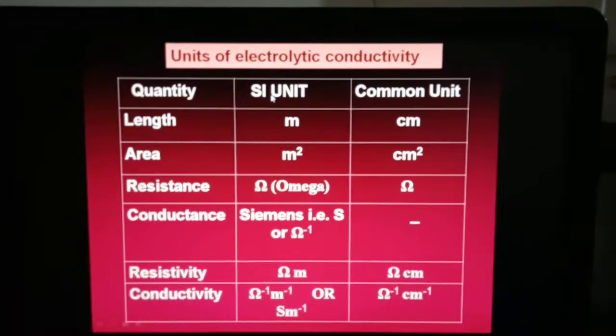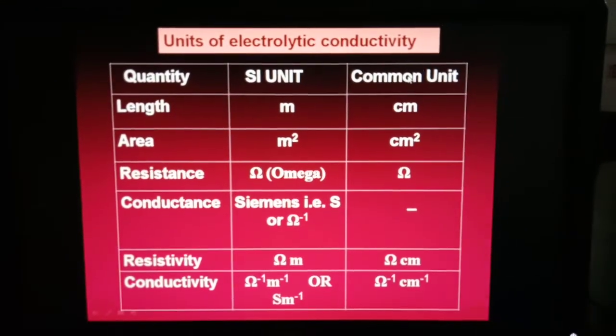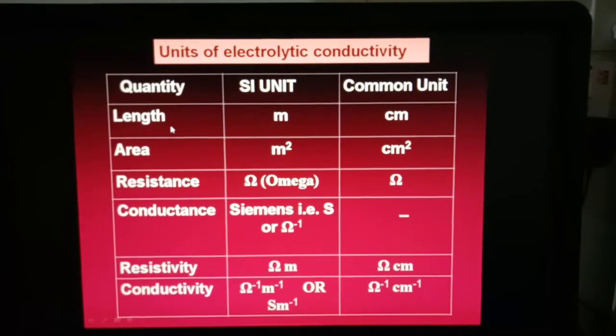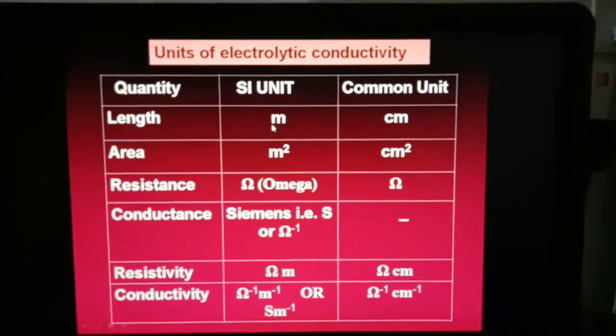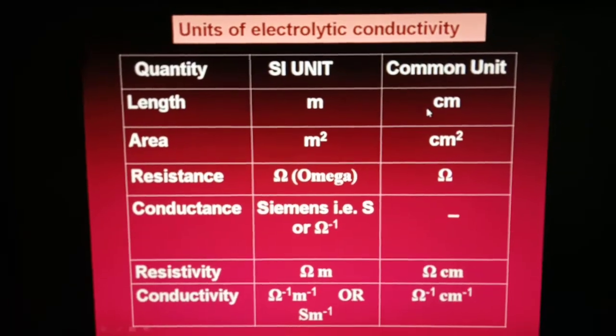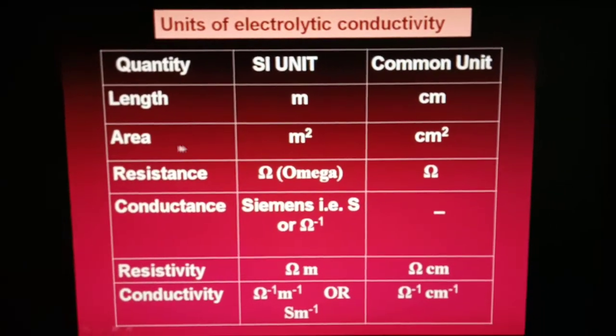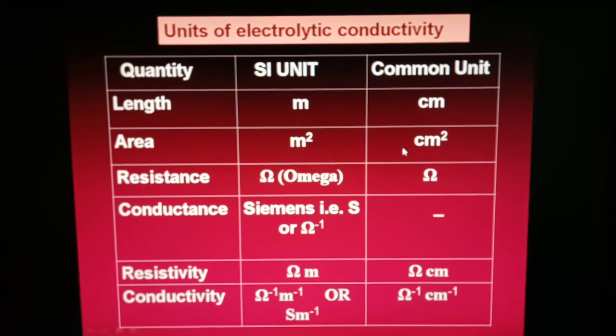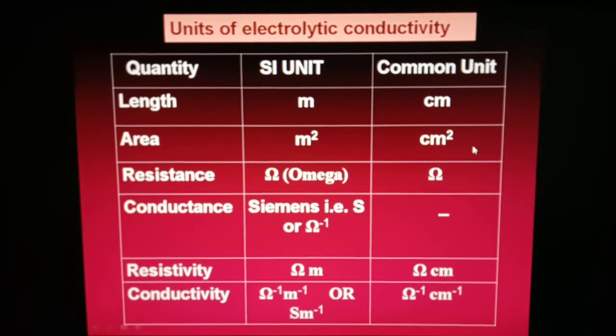Now let us study about several units of electrolytic conductivity. Quantity, SI unit, common unit. Quantity number 1 is length. Its SI unit is meter, common unit is centimeter. Area, SI unit is meter square, common unit is centimeter square.